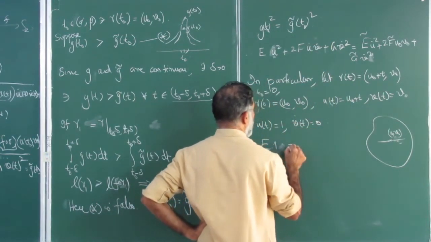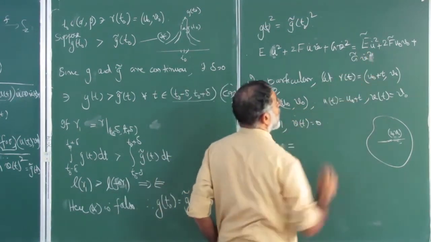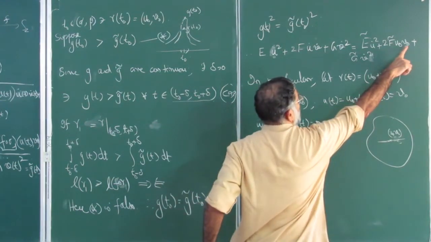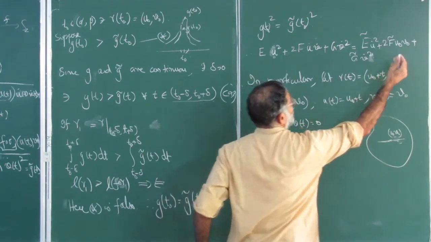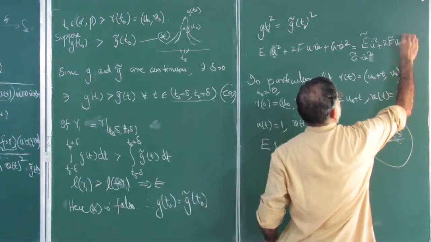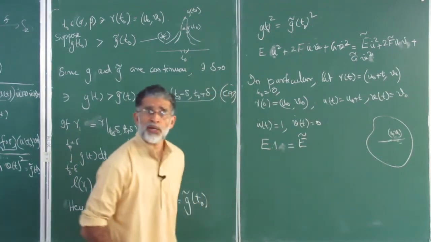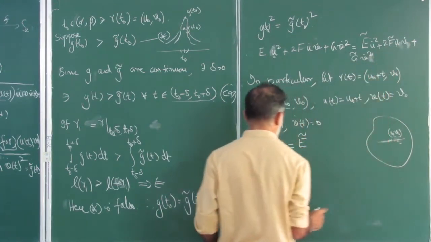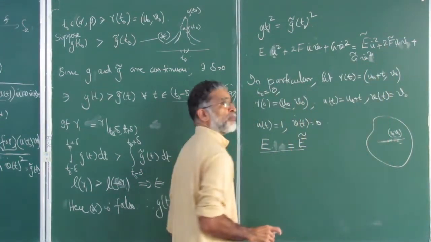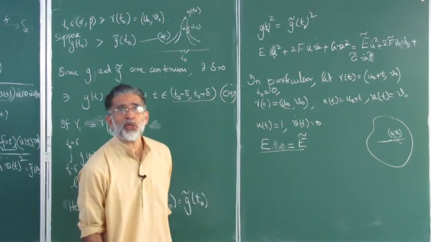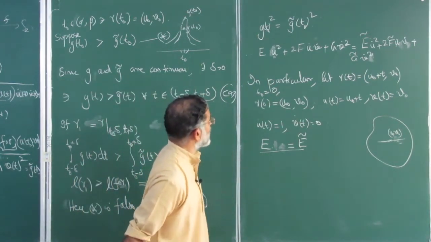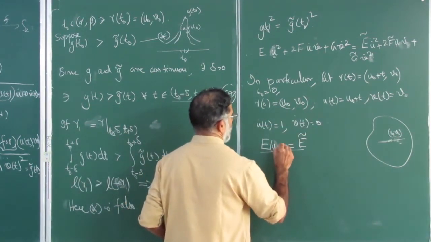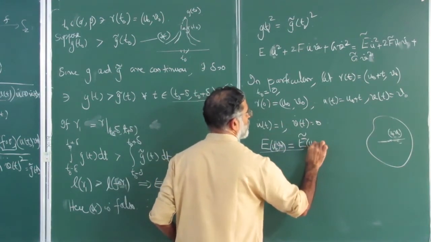So the left hand side is only E. And the right hand side is Ẽ u̇², that is Ẽ, plus terms with v̇ which is 0. So you have E at the point (u(t0), v(t0)), namely (u0, v0). So E(u0, v0) is equal to Ẽ(u0, v0).